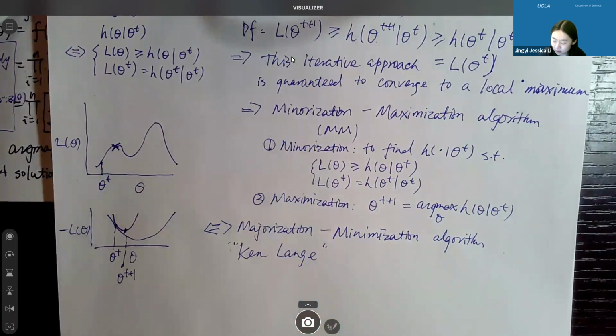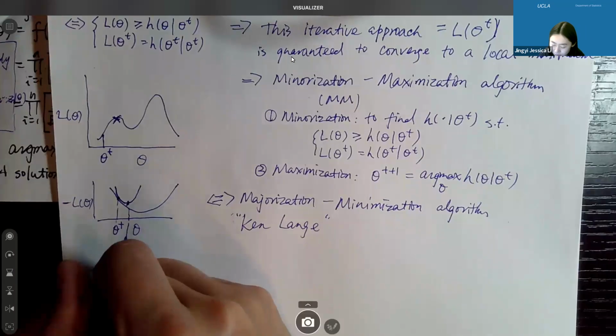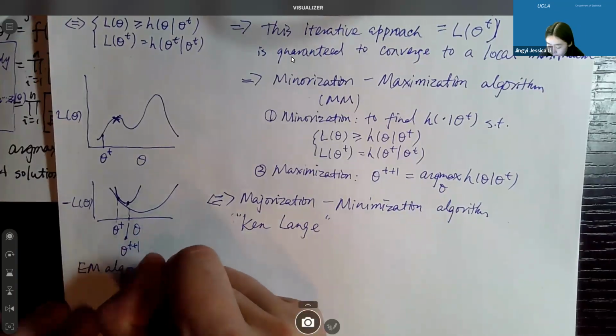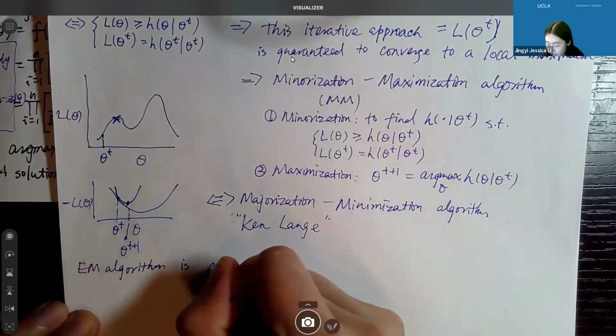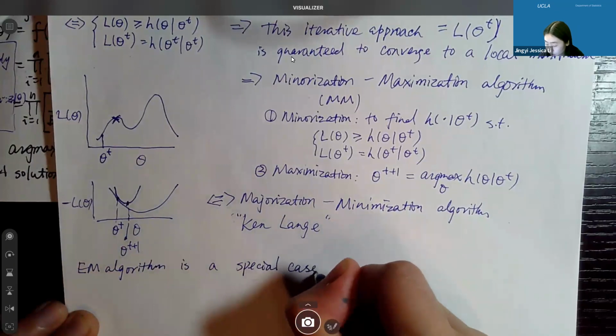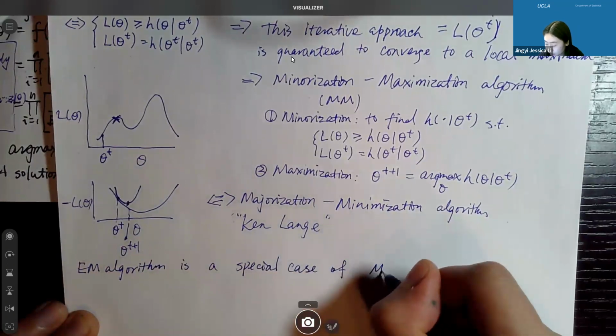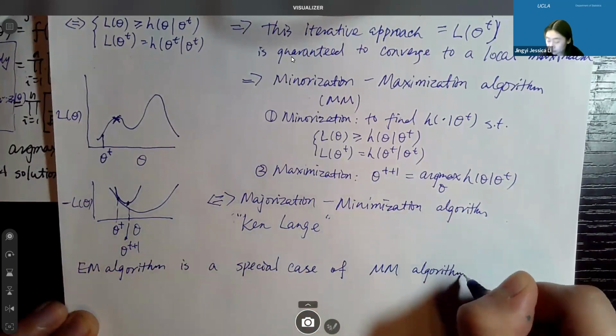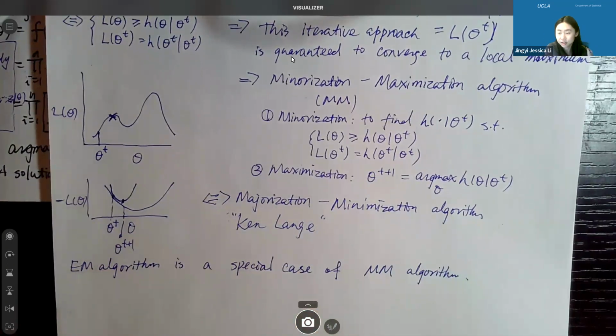Okay, so I want to say that the EM algorithm we're going to introduce today is a special case of the MM algorithm. What we aim to do is express the expectation step as a way to find a lower bound.